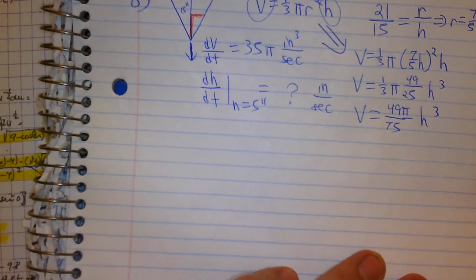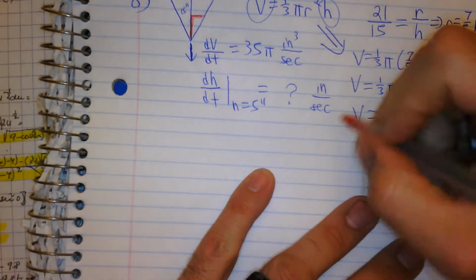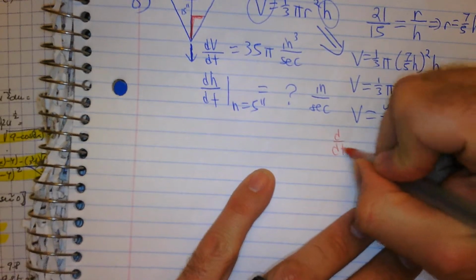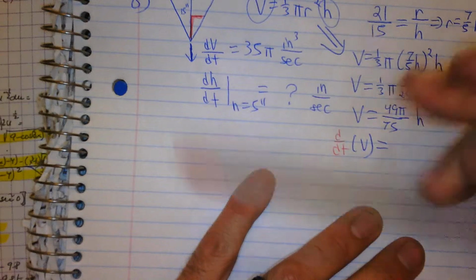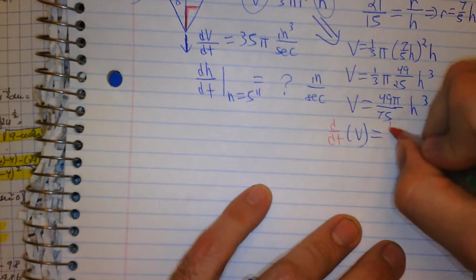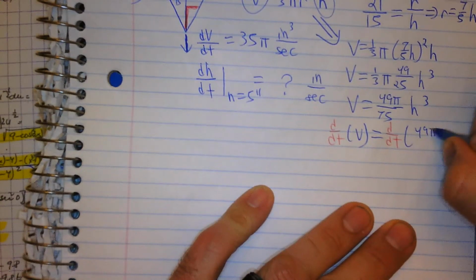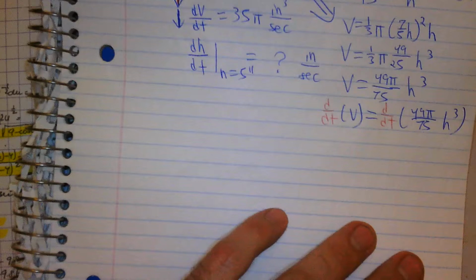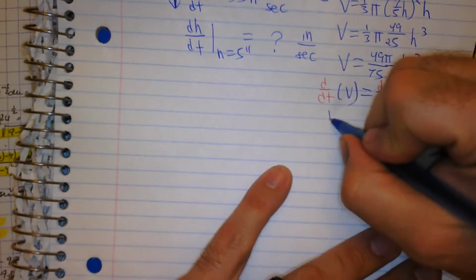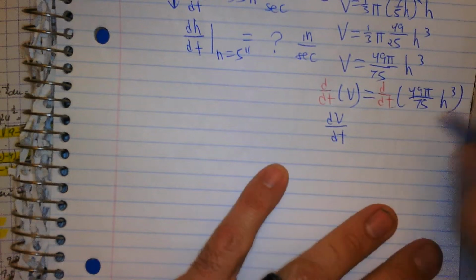I'm going to d/dt both sides. Let's d/dt the left. And I'm going to d/dt the right. Okay, what's d/dt of V? dV/dt. What's d/dt of this mess?